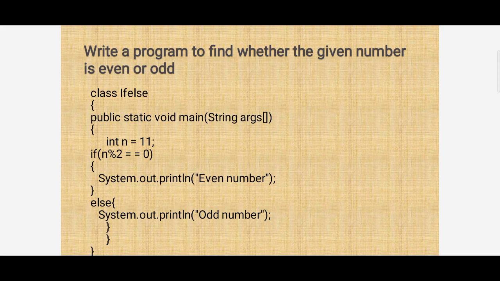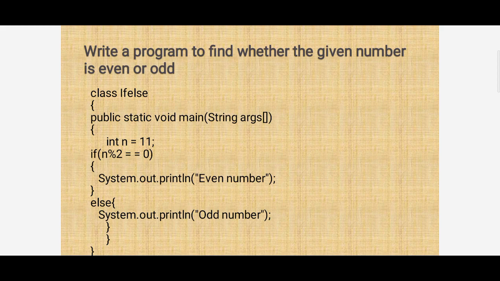If n modulus 2 is equal to 0 is true, the if statement body is executed and even number is printed.